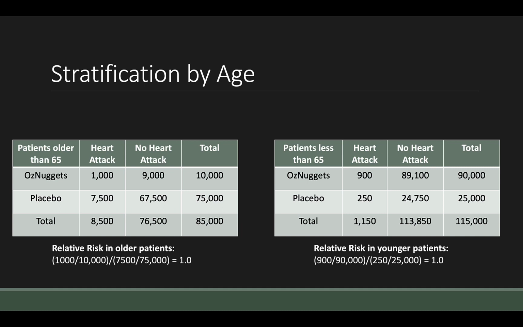Again, when we do the incidence, 900 divided by 90,000 over incidence of placebo, 250 divided by 25,000. Again, the relative risk is 1 or no difference. So although the results seem to be very different when looked at in total, it's because there was a confounding variable of age, and if we hadn't adjusted for it with stratification, that would have led us to a false conclusion.